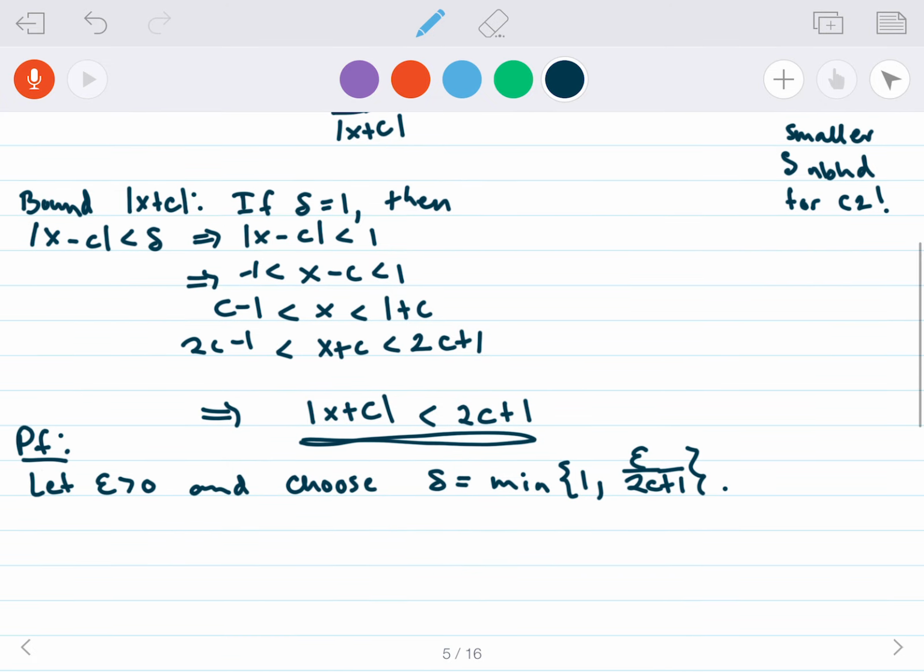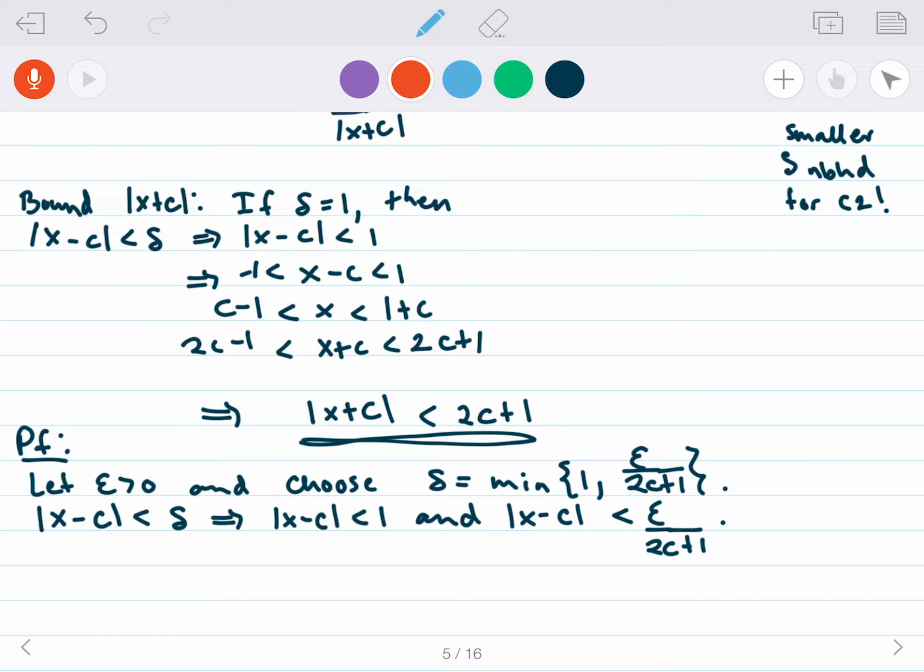Okay, and then the result will follow because both things are true. We have absolute value of x minus c less than delta, and since delta is the minimum in this set, it means that x minus c is both less than 1 and less than epsilon over 2c plus 1. All right, so these two things follow from how we chose delta.